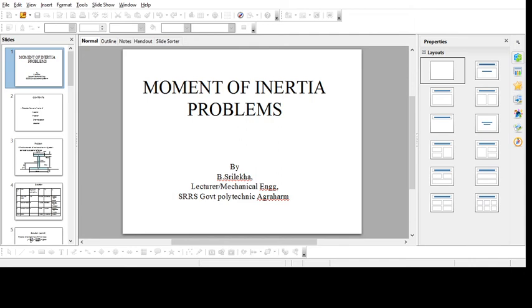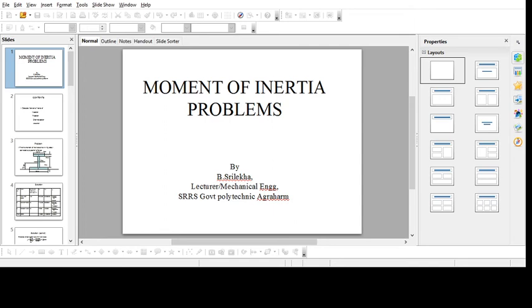Now the position of the centroid: y bar is equal to (a1 y1 plus a2 y2) by (a1 plus a2).